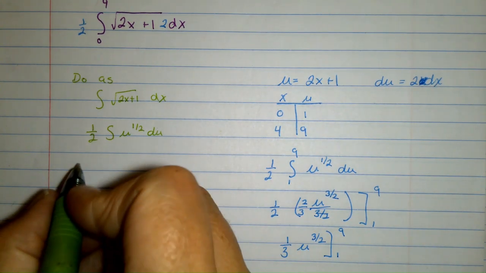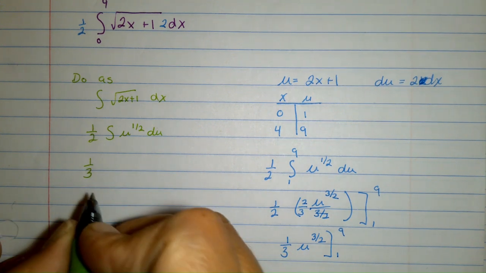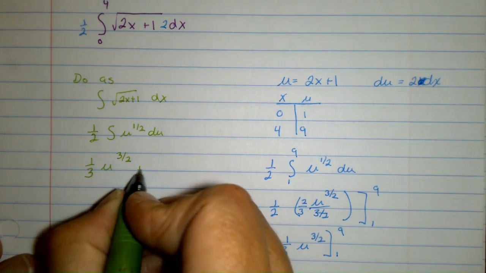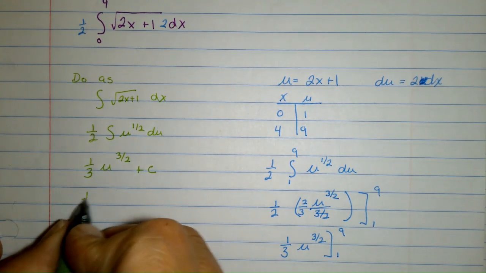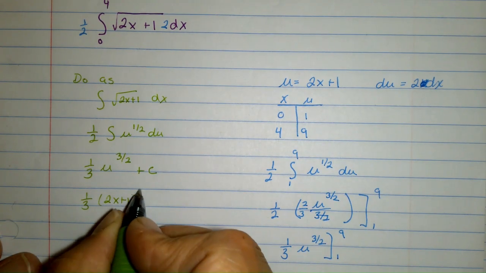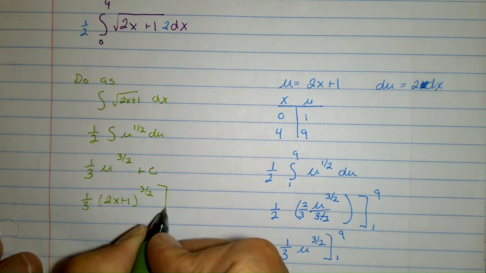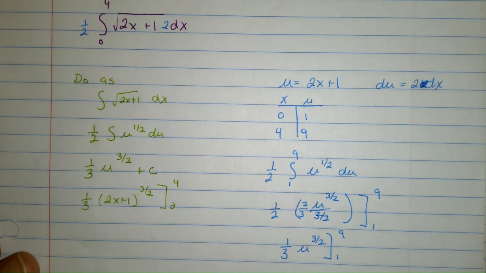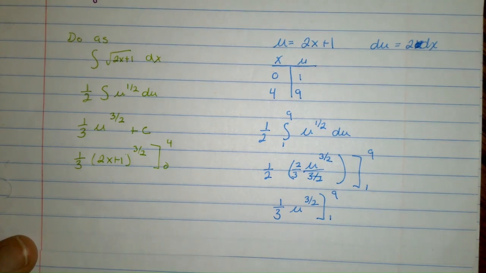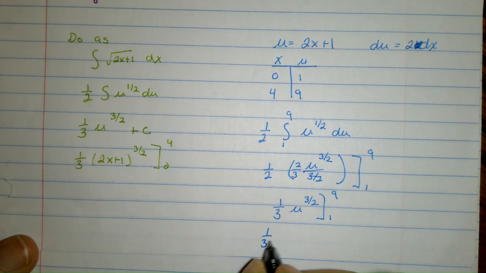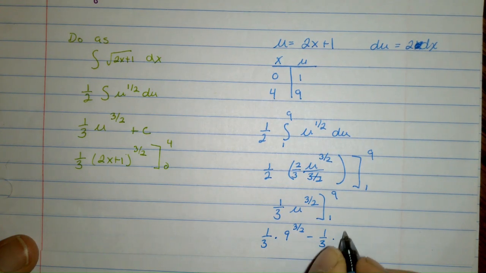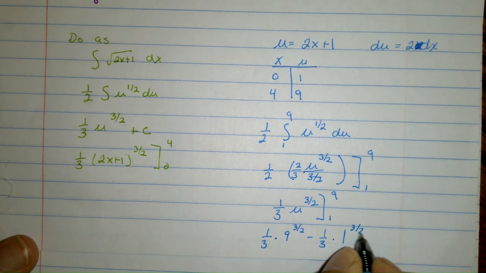Over here, if you did it indefinite, you'd have 1/3 u to the 3/2 plus c. And so you'd say it's 1/3 times 2x plus 1 to the 3/2. And then you go from 0 to 4. Here we would just do 1/3 times 9 to the 3/2 minus 1/3 times 1 to the 3/2.